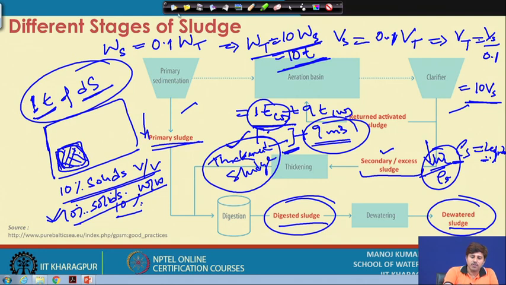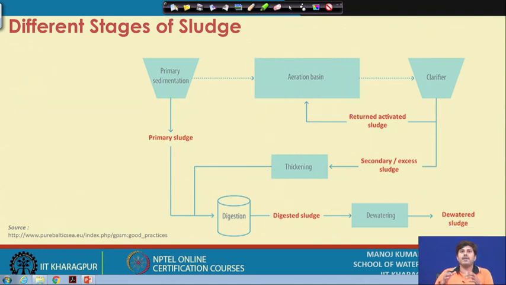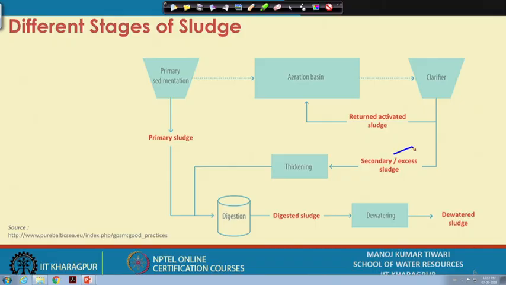That way we can have an idea of the sludge which is being generated from the secondary or primary sedimentation tank. Depending on how much water content or solid content is there, we can figure out how much water is there, how much solid is there, what is the total mass of the water, and what is the total volume occupied by the water.